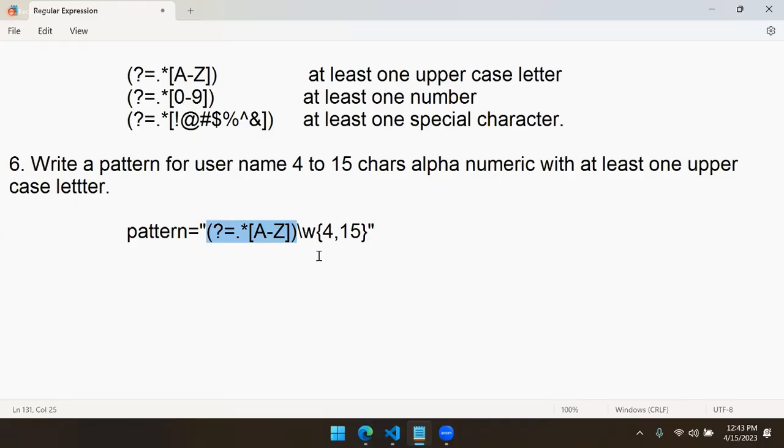If you add one more like this, star square brace 0-9 and \w, the 4, 15, this indicates at least one number should be there. In the previous, if there is no number, no problem, but one uppercase letter is compulsory. But here, one number is compulsory. That's how we write the pattern.